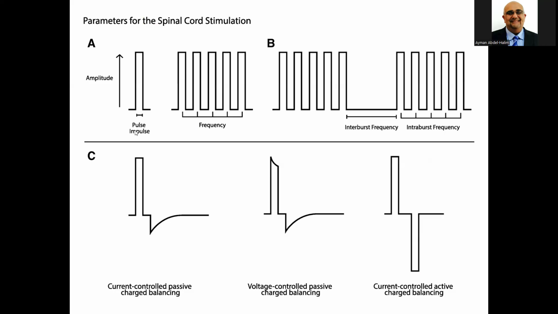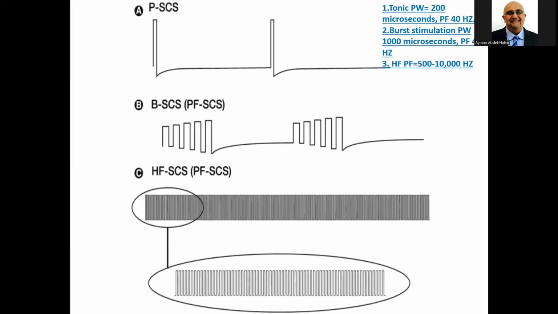So this is again what we've just been talking about. This is the current versus voltage controlled stimulation here. Tonic basically gives you a pulse wave, pulse width 200 microseconds and frequency of 40 hertz.